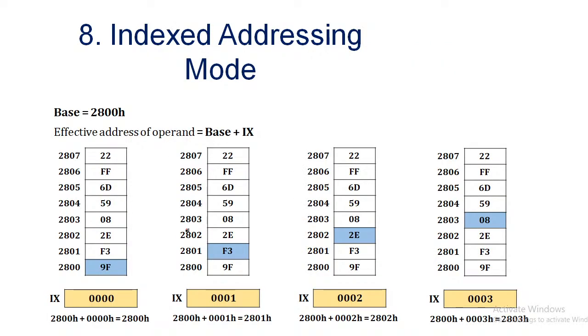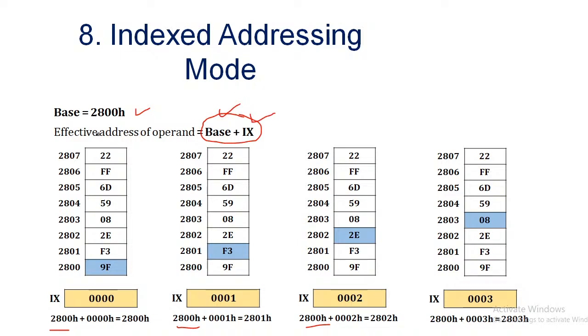In this case we have considered the base value to be 2800 for all the cases. Now the effective address of the operand: I know the base value, and the content of the base and the content of the register need to be added.